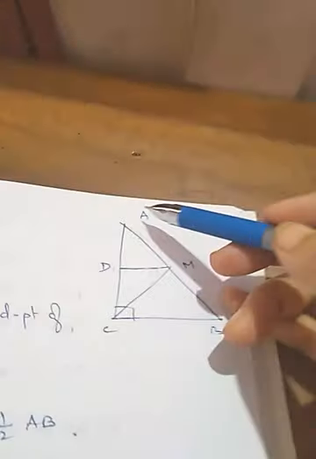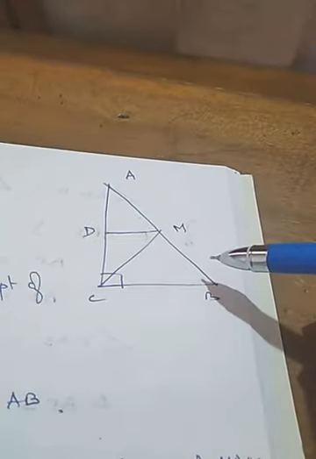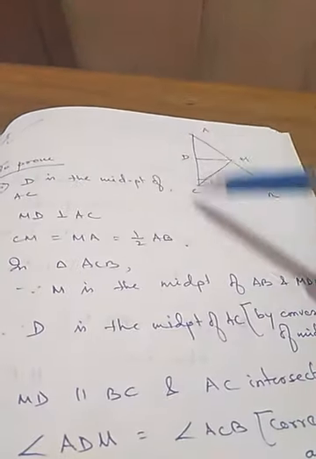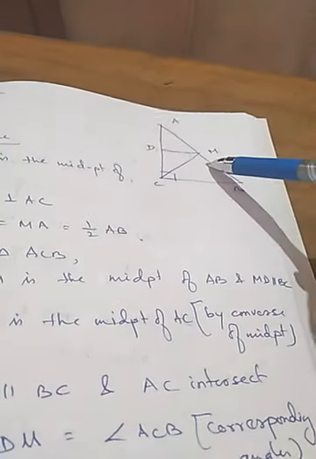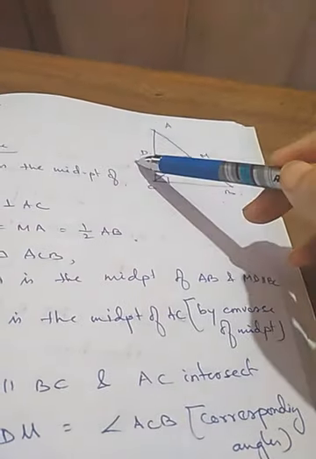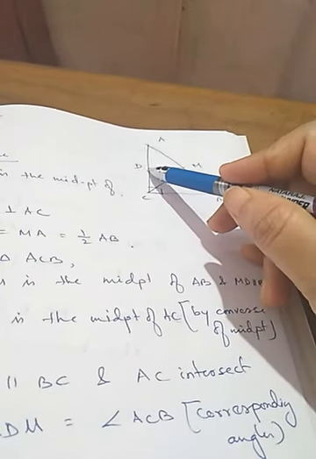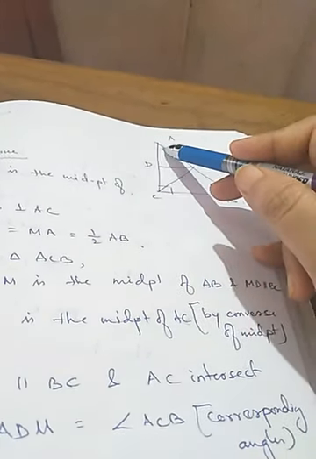Now see how to prove. First of all, this is also the converse of the midpoint theorem, where you have to take this triangle. What is the triangle? ACB. In this ACB, M is the midpoint of AB, given, and this line is parallel to BC. Therefore, by the converse of the midpoint theorem, D is also the midpoint of AC.